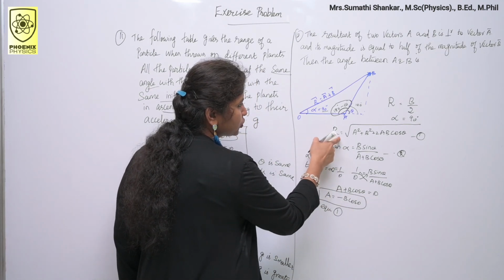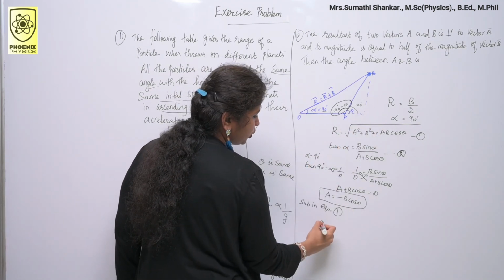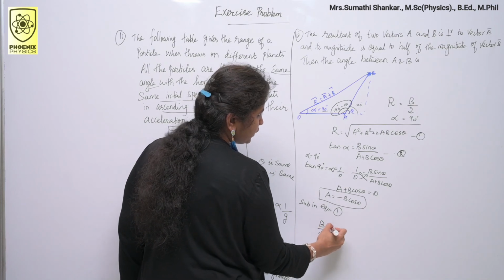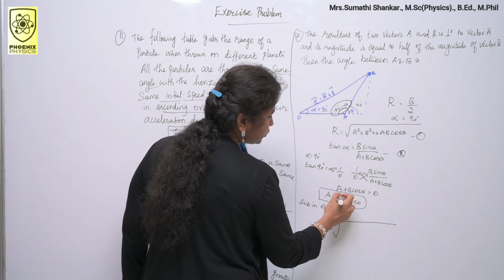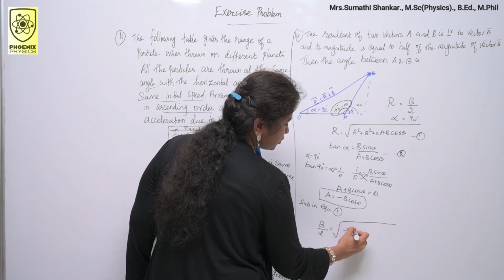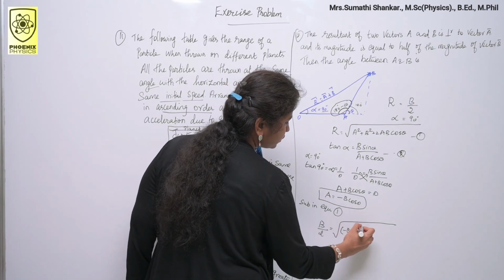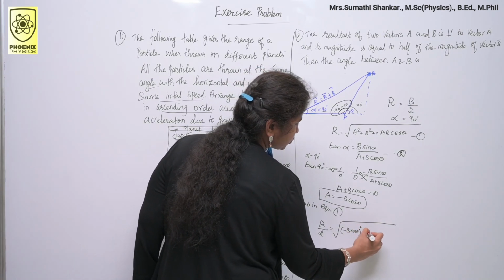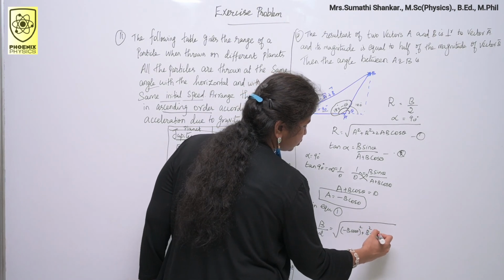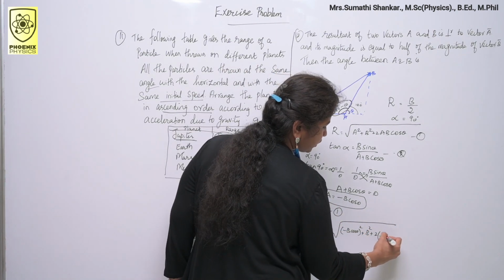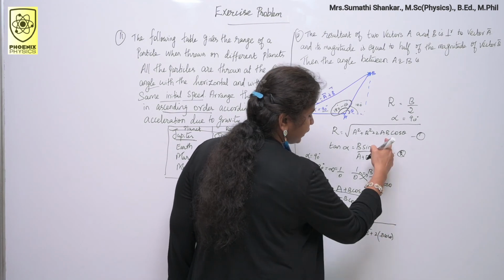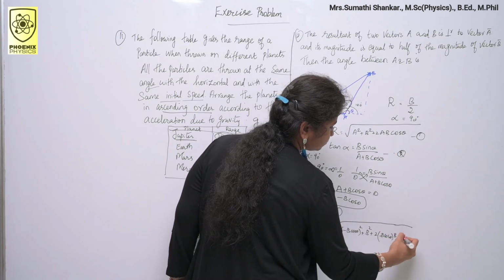Here the R value is given. R is B by 2. So B by 2 is equal to square root of A square, meaning minus B cos theta the whole square, plus B square plus 2 times A B cos theta. Instead of A you substitute minus B cos theta.